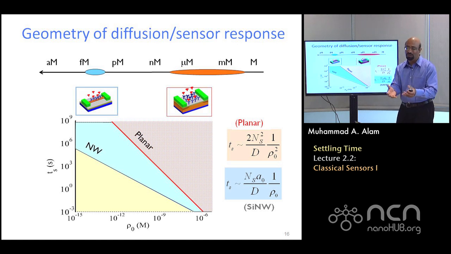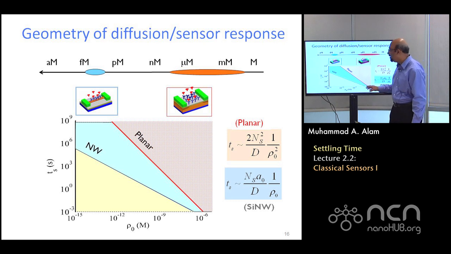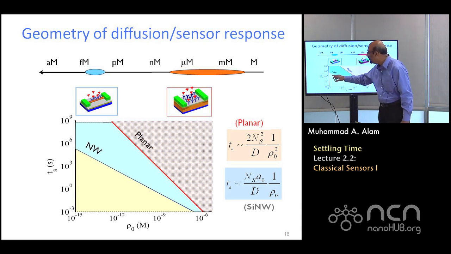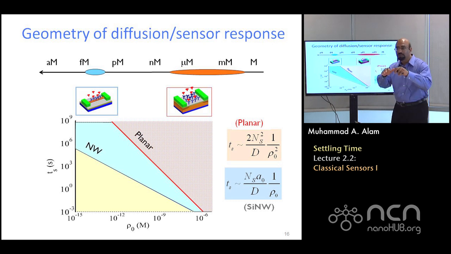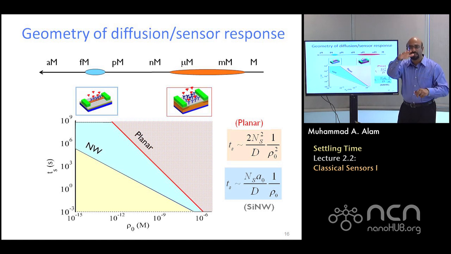There are so many molecules, both can capture reasonably well. At low density, however, this takes far less time compared to a planar sensor, because molecules can come from each side in a surrounding medium, rather than a planar sensor, where they can only come from one side and are limited by diffusion.